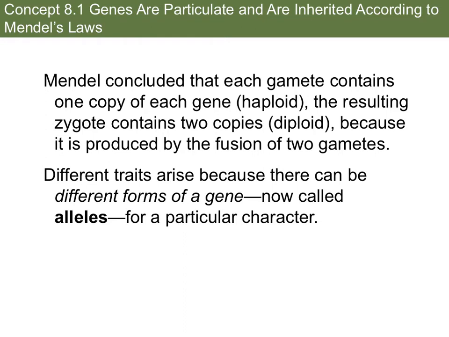Mendel concluded that each gamete contains 1 copy of each gene, haploid. The resulting zygote contains 2 copies, which is diploid, because it is produced by the fusion of 2 gametes. We know this now as fertilization. Different traits arise because there can be different forms of a gene, now called alleles, for a particular character.